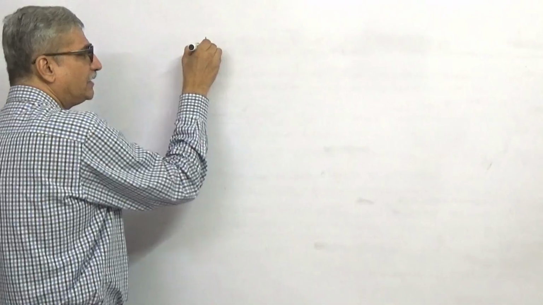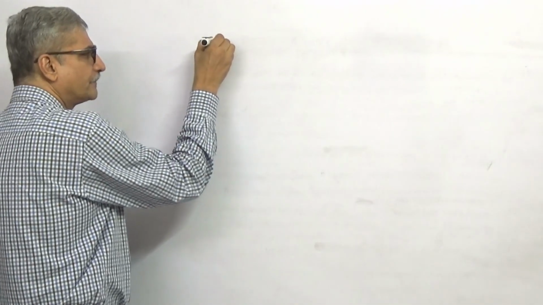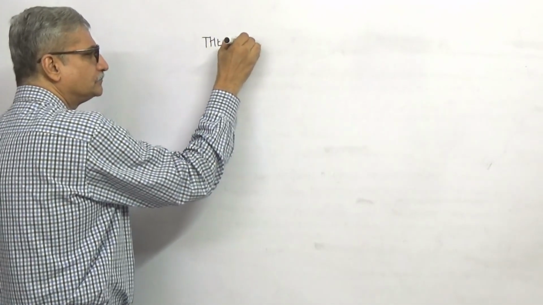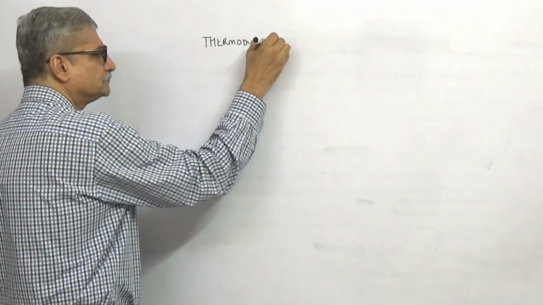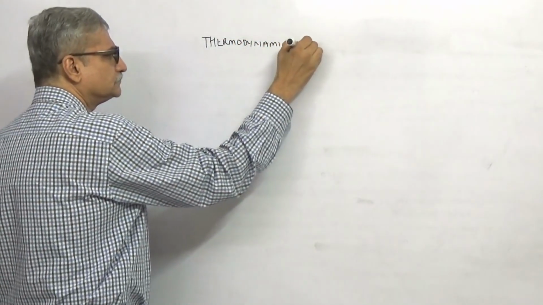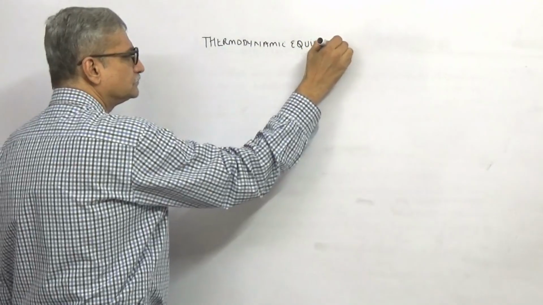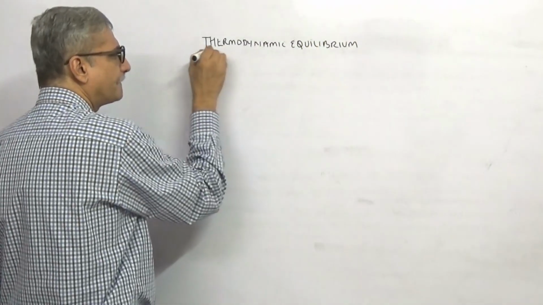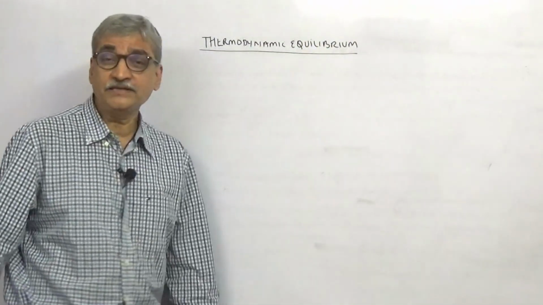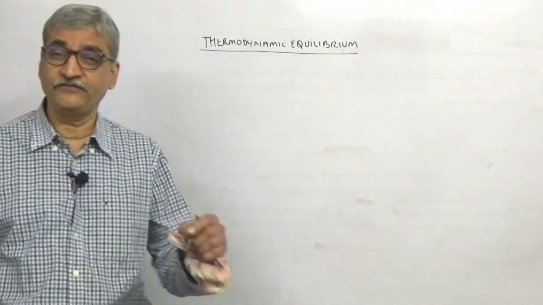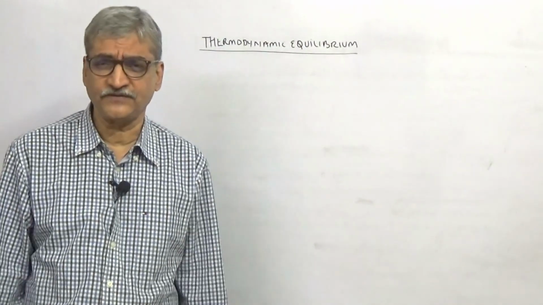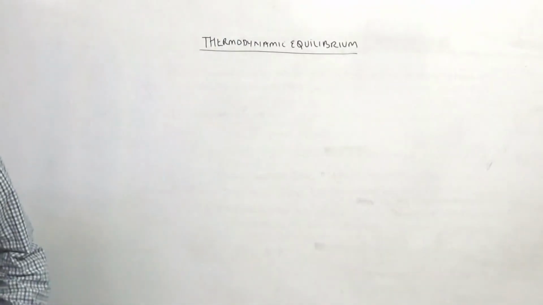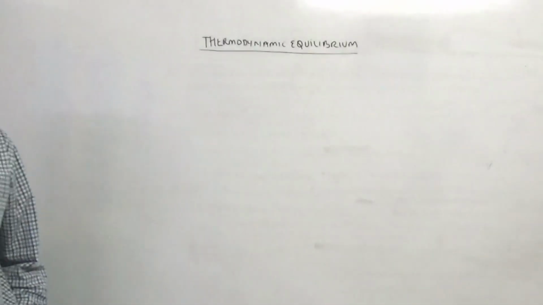Okay. So equilibrium. What is the definition of thermodynamic equilibrium? I told you, definition, we stick to the textbooks as far as possible. It states that the system is in thermodynamic equilibrium when the state function of the system does not change with time.